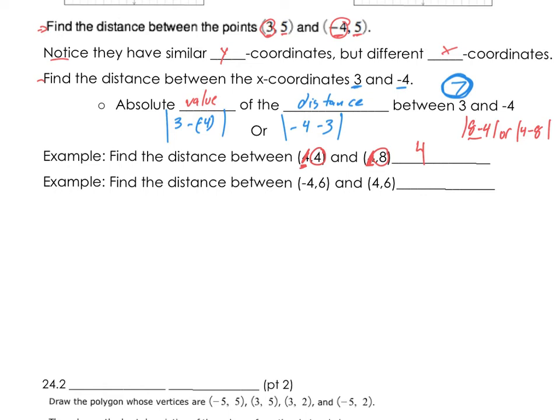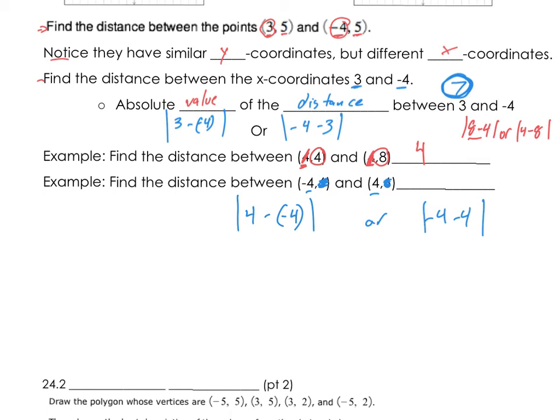All right, next one. Find the distance between negative 4, 6 and 4, 6. Notice they have the same y's, so we can ignore that. We're just finding the distance between negative 4 and 4. So we can't say 4 minus 4. It's 4 minus negative 4, and the absolute value there, or negative 4 minus 4, and the absolute value of that.